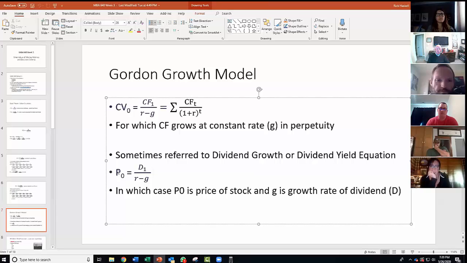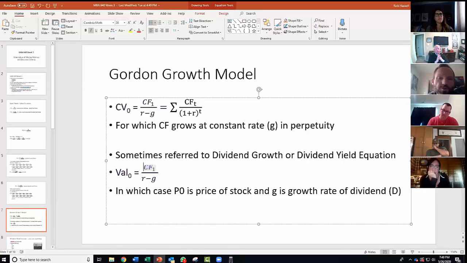If we change this to VAL, and we change this to cash flow, we now have a valuation model in the form of the Gordon growth model. Remember that the Gordon growth model is predicated upon a constant rate of growth of the cash flow. So if it's 2%, 5%, 110%, whatever it is, it does that year in, year out in perpetuity, a consistent discount rate, and the G that we see here is the growth rate of that cash flow. This is the Gordon growth model.